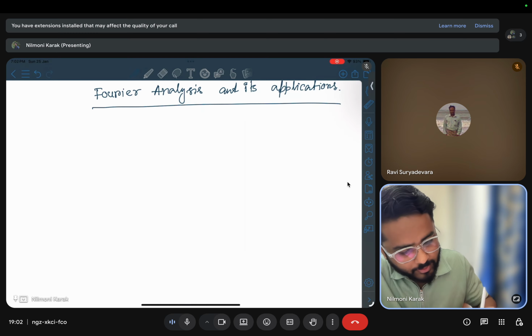The Fourier series expansion is a naught plus the sum from n equals 1 to infinity of an cos nx plus bn sin nx.